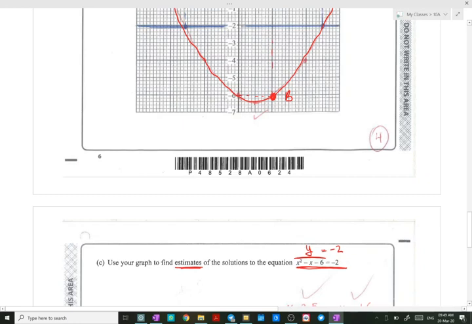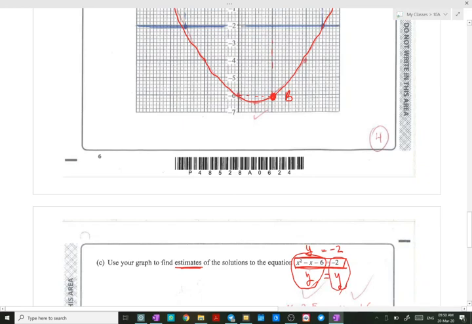So in order for you to find estimates of solutions for this, which is actually y equals y, because it's y of the quadratic function, and here it's the y of the line that intersects this quadratic function.